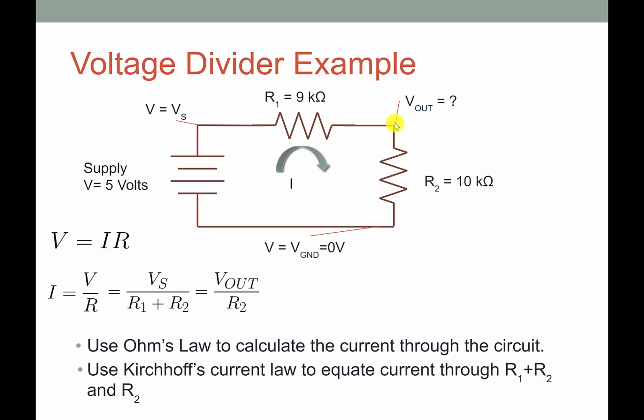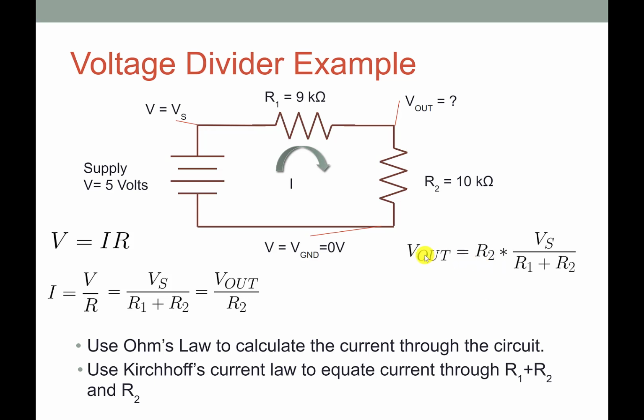So the current is equal to the voltage out minus ground, divided by just the resistor 2, across which that voltage drop happens. Because the current's the same, I can equate those two values and use that to solve for V out.